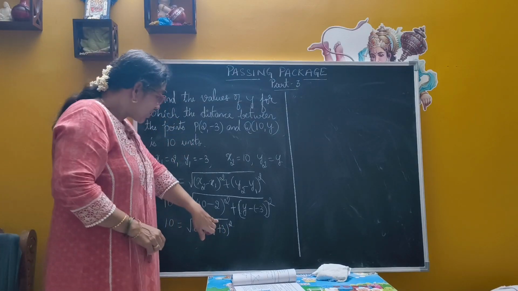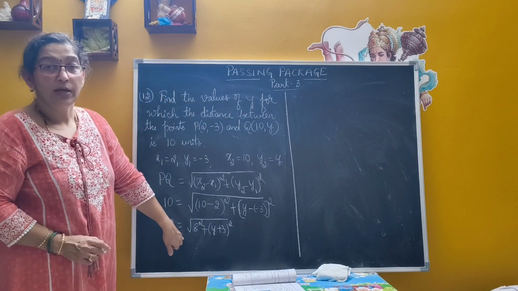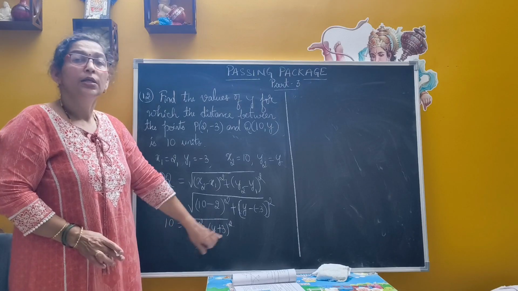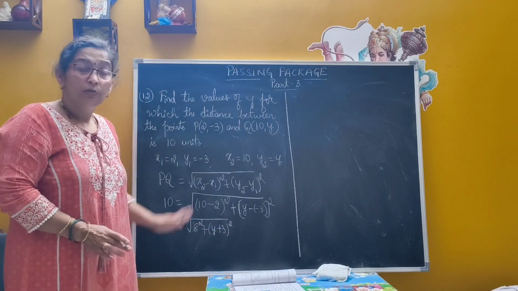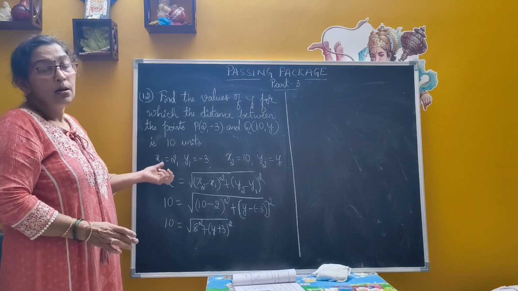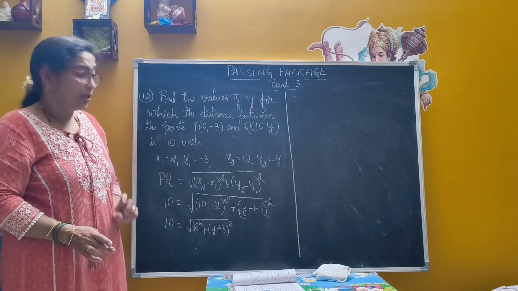Now if we have the square root sign here, we cannot simplify it further. So what should be done? Square on both the sides, because whatever we do, we have to do with both the sides, I mean LHS and RHS.